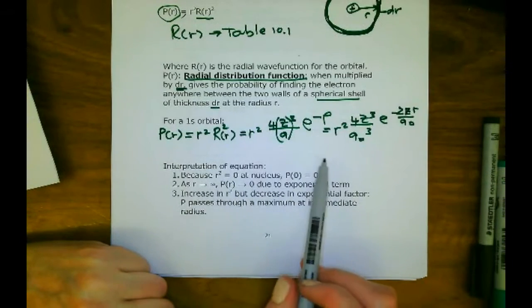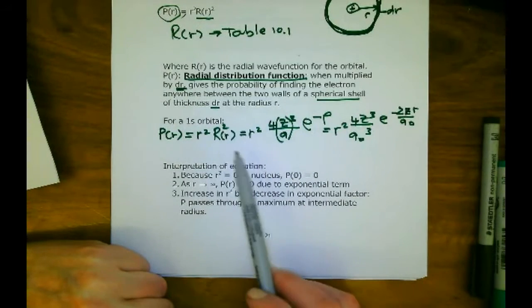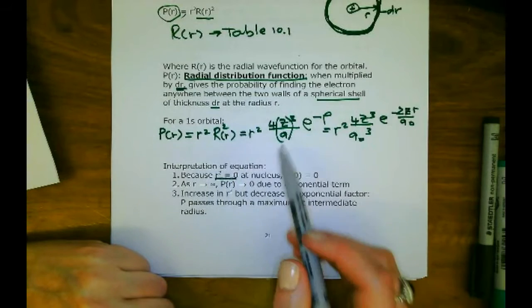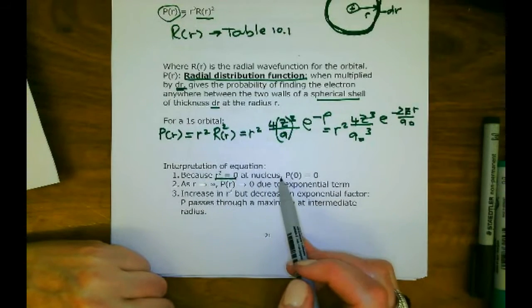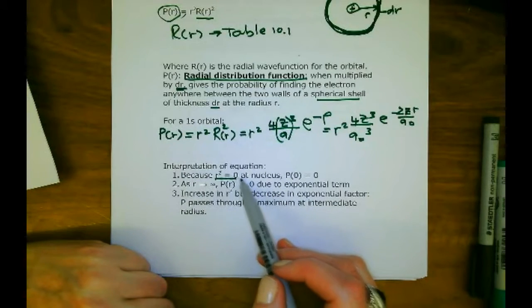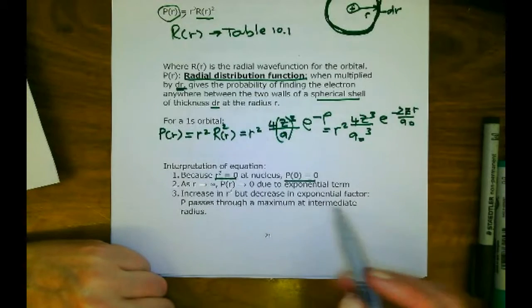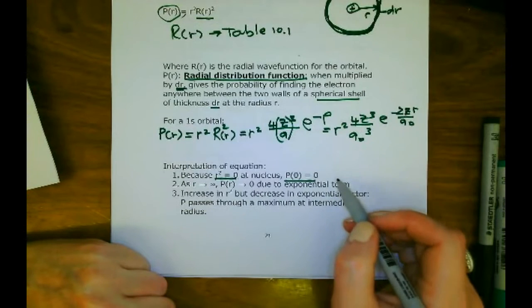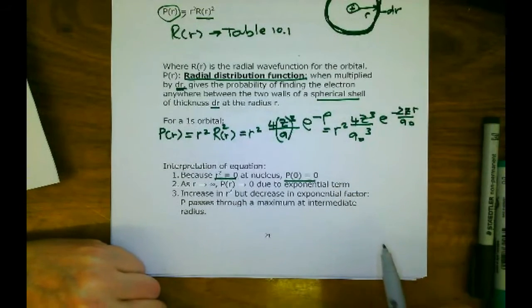Now if we look at this equation, what can we say about the radial distribution function, so the probability of the 1s orbital? Because r squared, so this part, is 0 at an r value of 0. At the nucleus, the probability is 0. And remember, we've done many calculations where we've seen that the highest probability of finding an electron is at the nucleus. And remember, I kept telling you that this is not the full story.